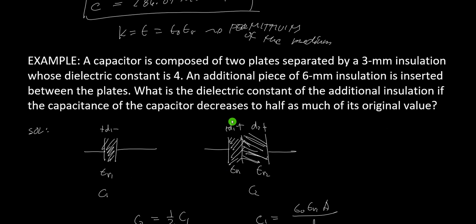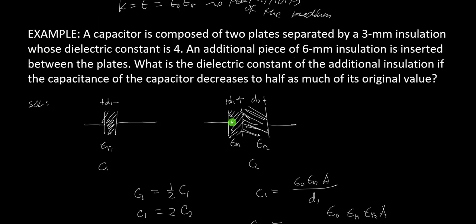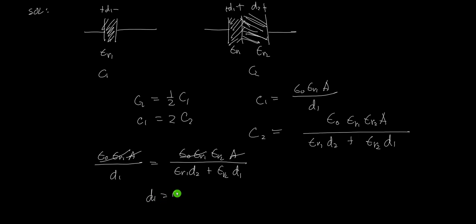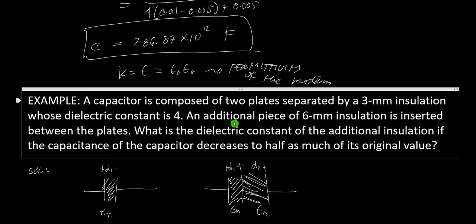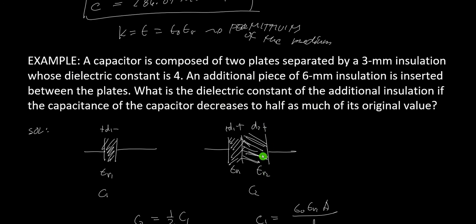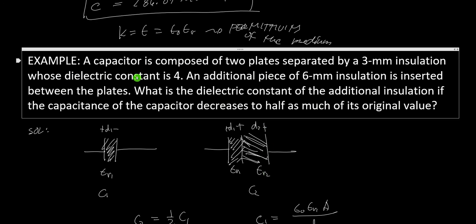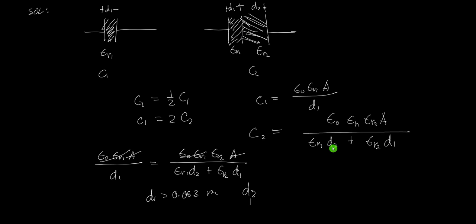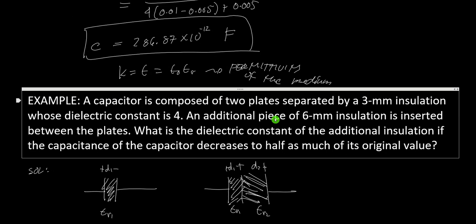So what's D1? D1 is the first one, 3 millimeters. So D1 is 0.003 meters. D2 is 6 millimeters. This D2 here is for epsilon R2, and it is also our D2 in the equation here. So D2 will be equal to 0.006.